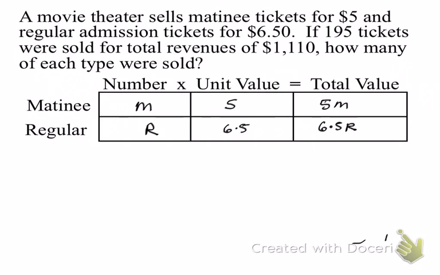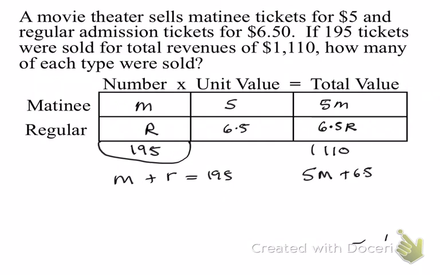Okay, now, stop. What do I put at the bottom here? 195. 1110. Okay, so now my two equations are M plus R equals 195, and the other equation is 5M plus 6.5R equals 1110.